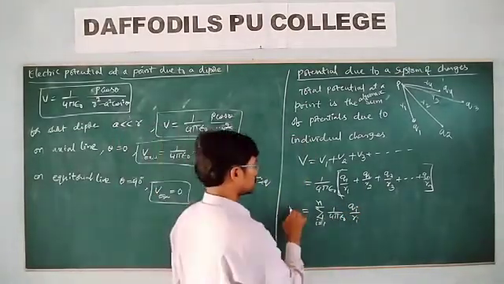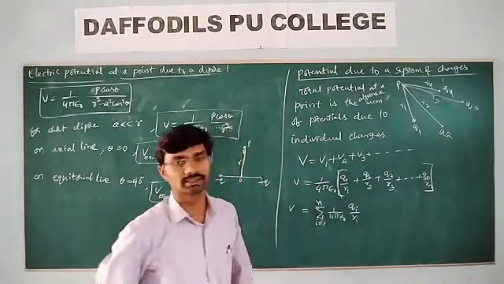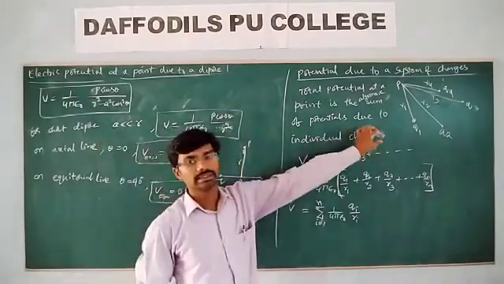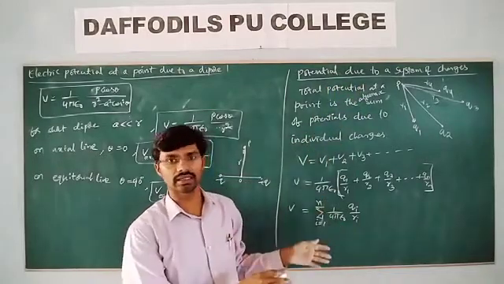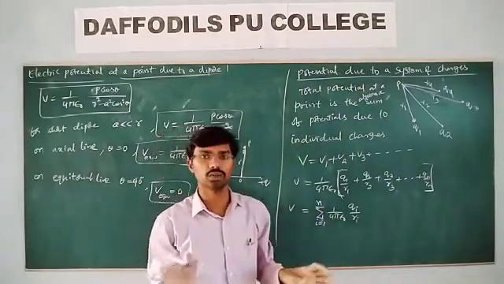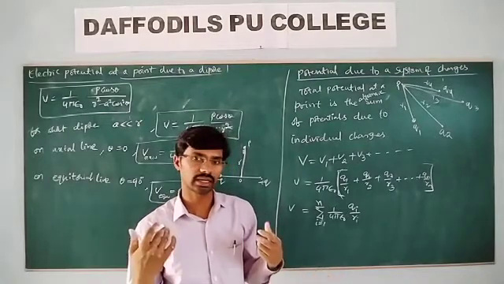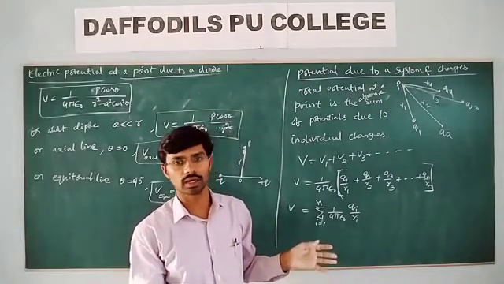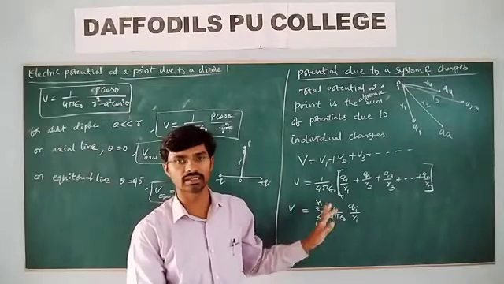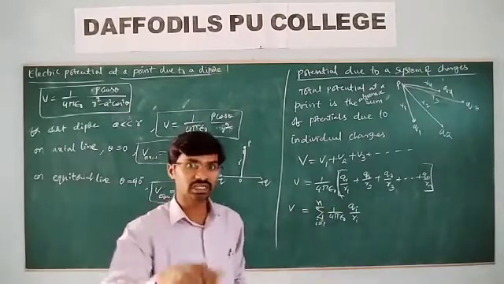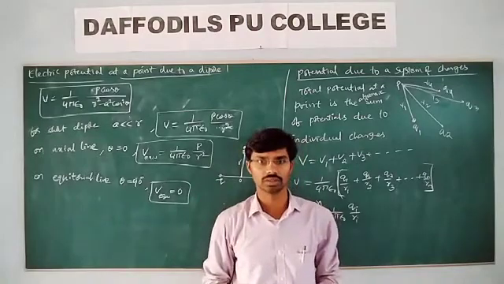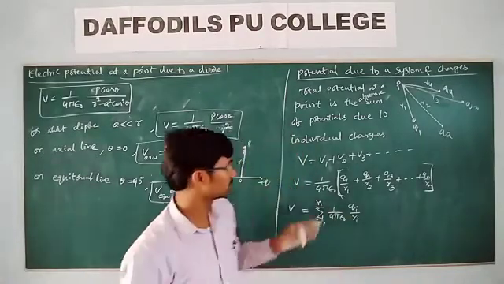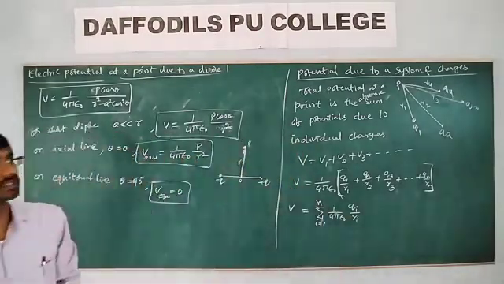Because electric potential is a scalar, you can add it directly without any rules, just like numbers. But the electric field is a vector, so in that case we have discussed the directions. So this is the electric potential due to a system of charges.